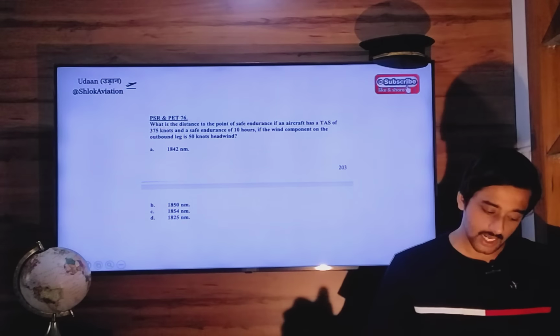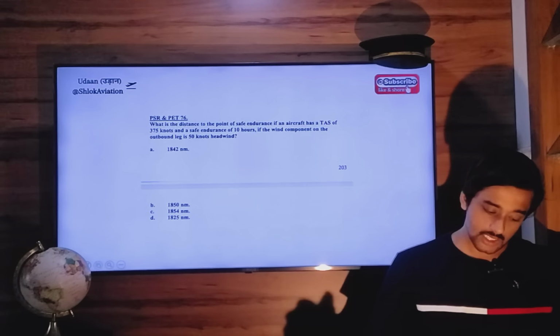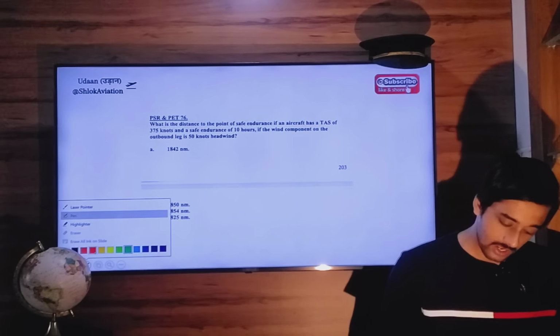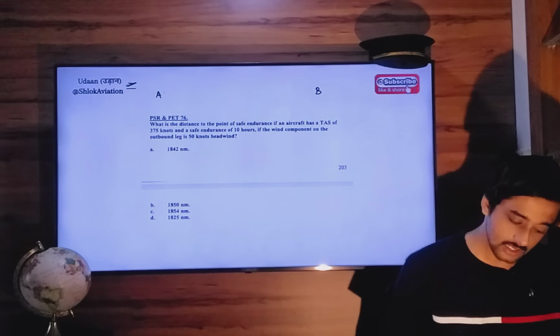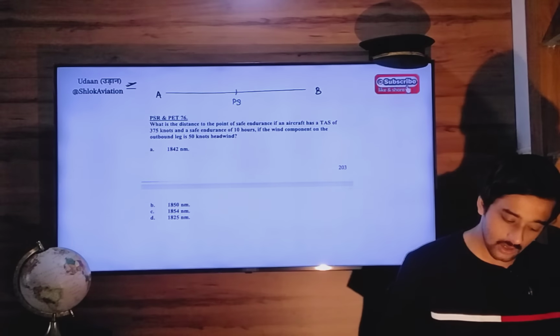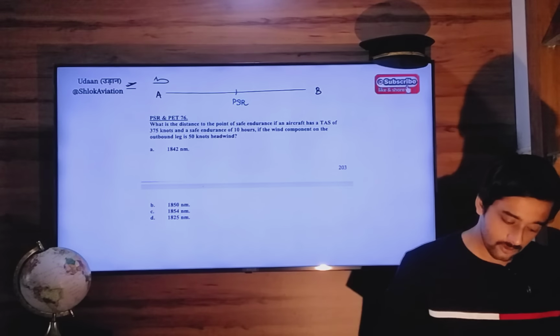Next, what is the distance to the point of safe return if aircraft has a TAS of 375, endurance of 10 hours, winds on the outbound leg is 50 knots headwind. So you are flying from point A to point B like this. There is point of safe return somewhere along the journey. Your aircraft departed from point A flying outbound.